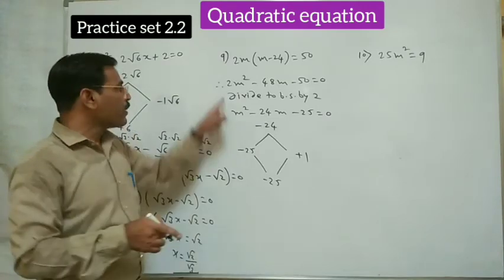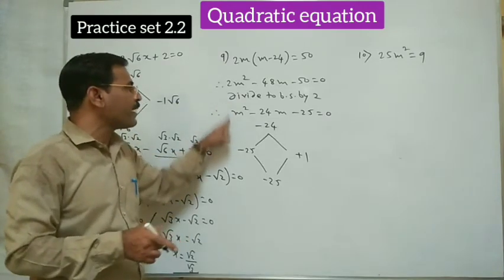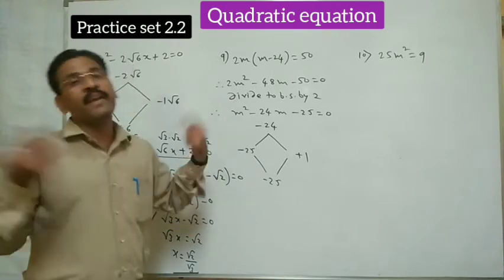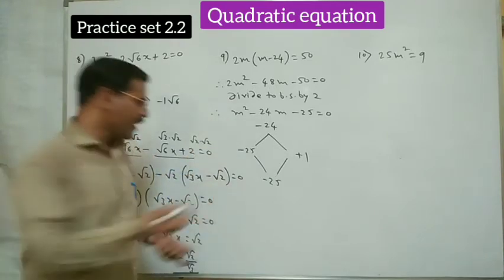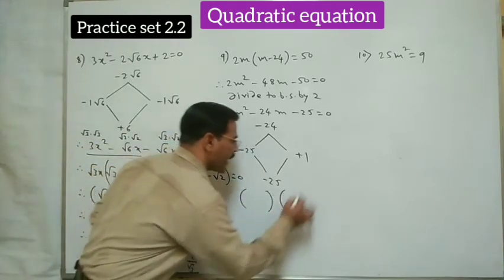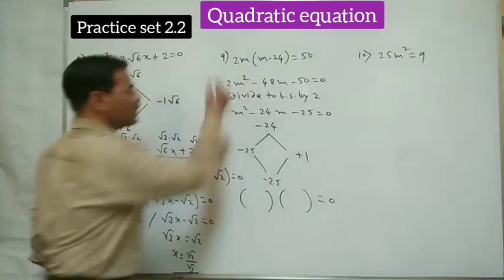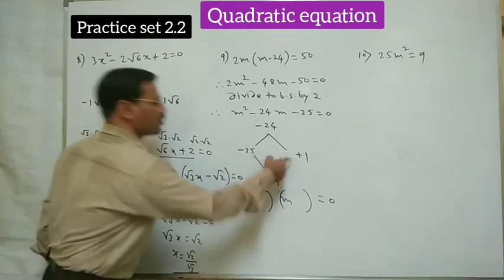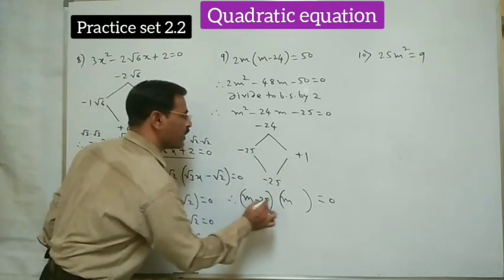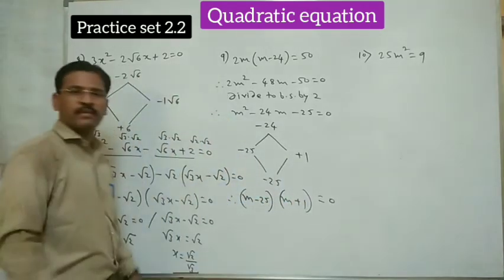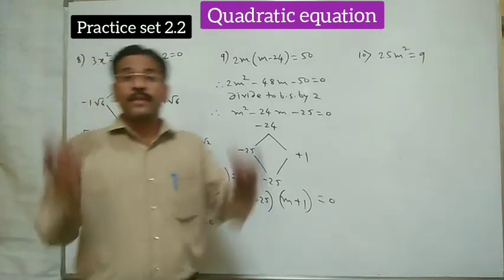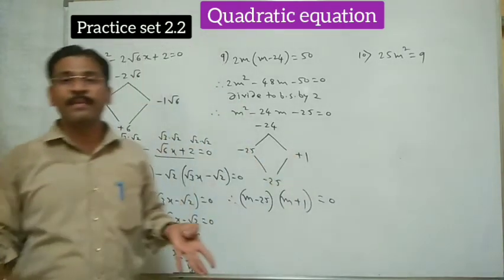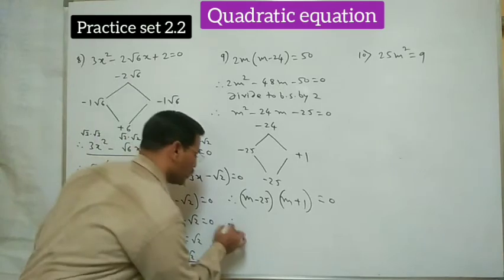Now observe here. Because the square term has no coefficient, we can write directly. How can we write? See here, write two brackets equal to 0. Which is the variable here? m, here also m. Right, now these two are the factors: minus 25 and here plus 1. Finish. The product of the two terms is 0, means either the first may be 0 or the second may be 0.